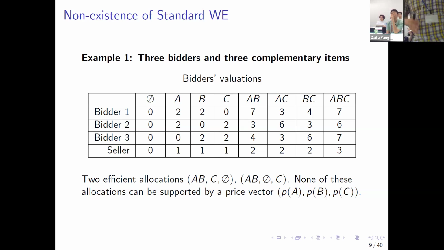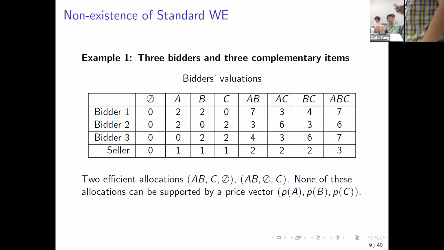All items are complementary to each other. And bidder 2 has a similar pattern, but slightly different. Bidder 3 also has a similar pattern of values. Then the seller also regards all items as complements.